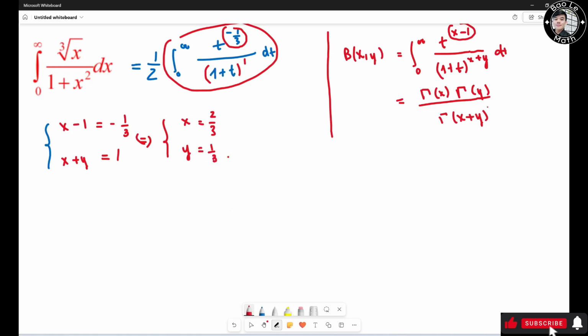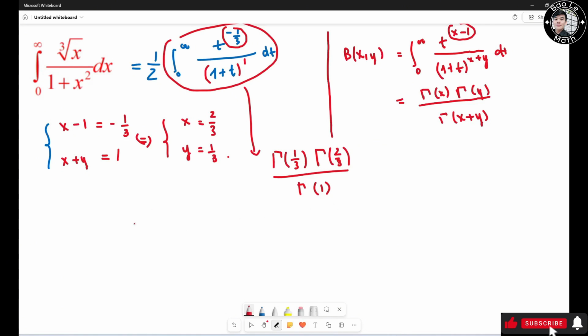Now this becomes gamma of 1/3 gamma of 2/3 over gamma of 1, because s plus y equals 1.